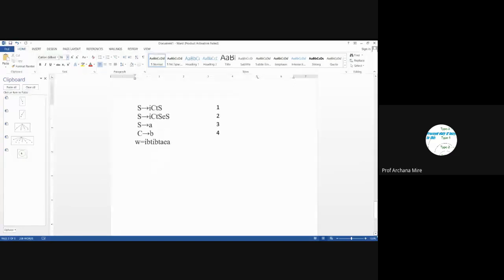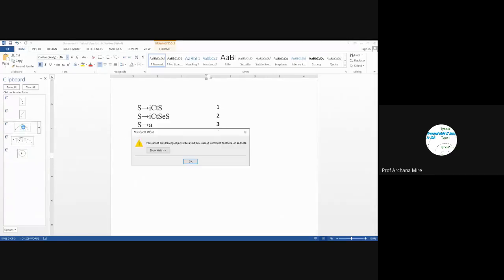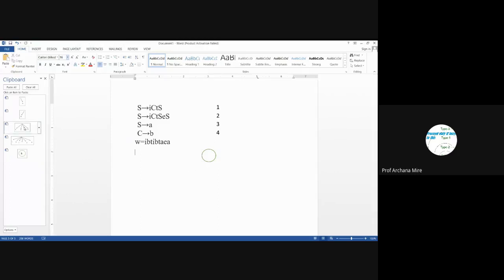So once again, we will be starting with the production rule, starting from symbol S. Once again, we can apply any of the production rule 1 or production rule number 2. Let's apply production rule number 1 here. So here I am applying production rule number 1.